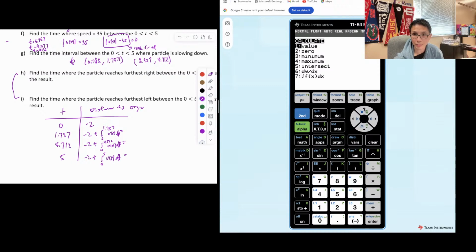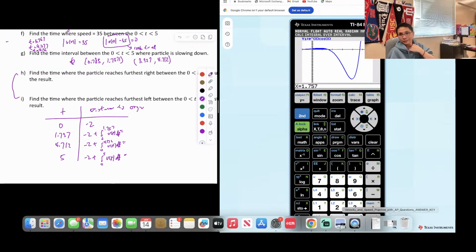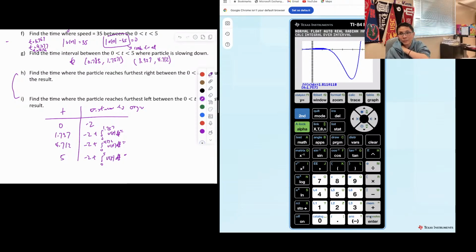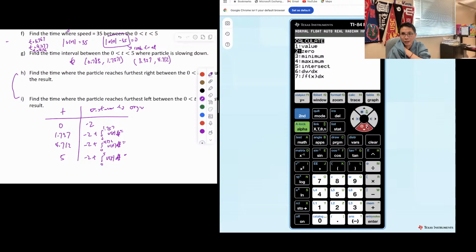I feel like that's a wrong number. Do I have 1.757 right? Nobody can tell me. I think it's 557. Hold on, let me look. On the answer key that you gave us earlier, it's 1571. Okay, let me go back to calculate the zeros.